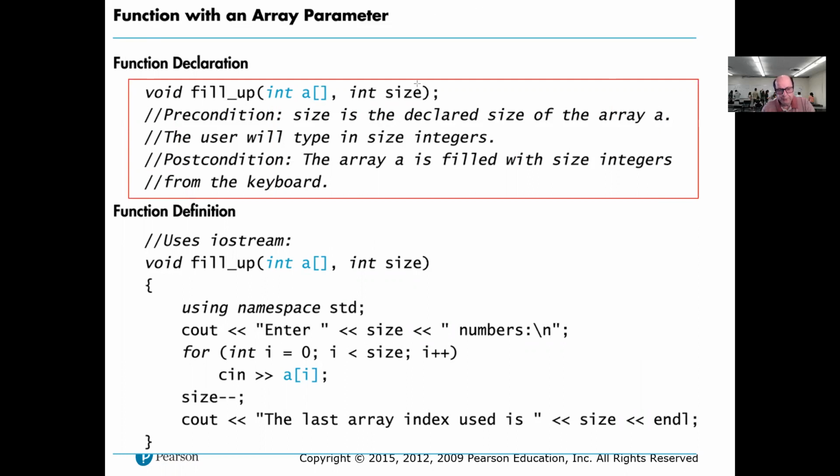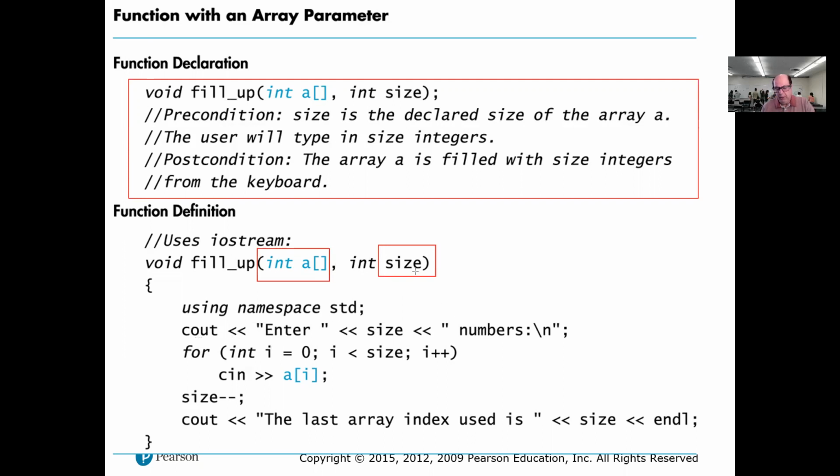So we have this fill up function that we're going to be creating. In our declaration and in our definition, we're going to be using brackets. We will need the size to go in it. In this case, we are asking to enter this many numbers.